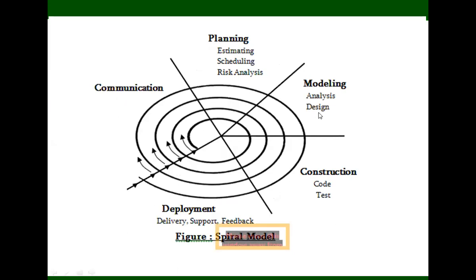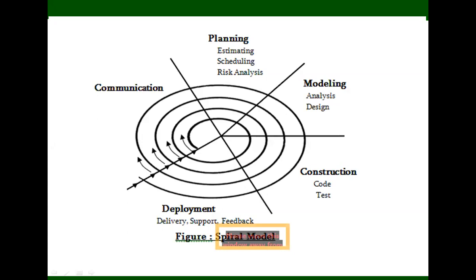Every model will move for the planning, then the modeling, then the construction. Either waterfall model, incremental model or any other model, all models go through these categories: communication, planning, modeling, construction, deployment.